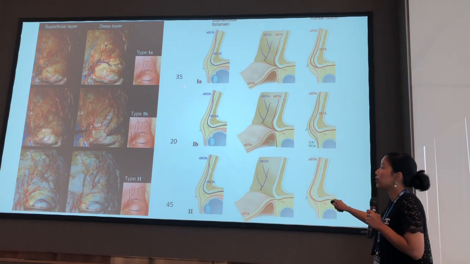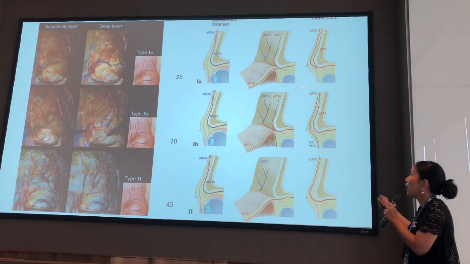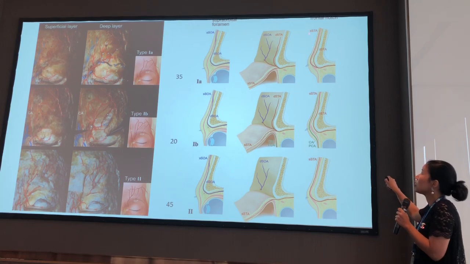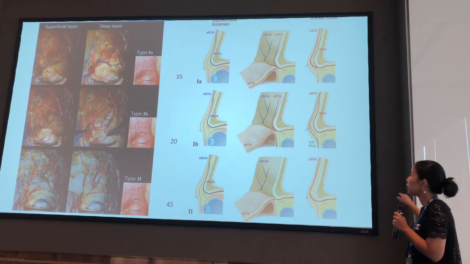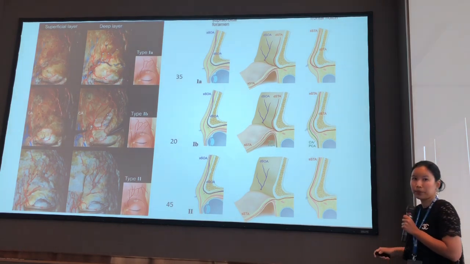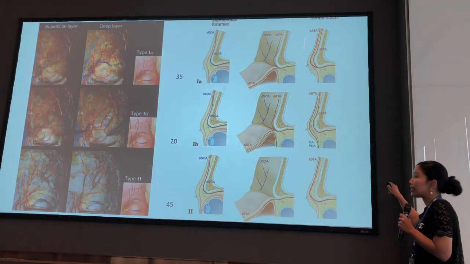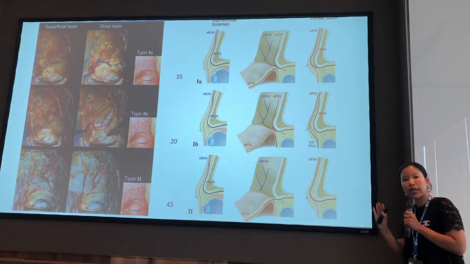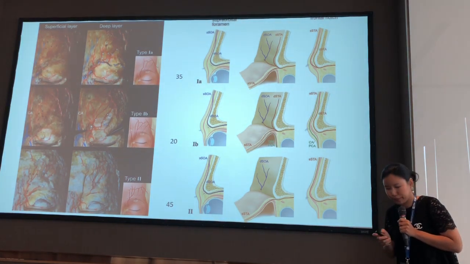They're divided into group 1A and 1B by the way of the superficial supratrochlear artery. When they go superficial, they go in a different way. For 1A, they go up and feed the superficial part of the forehead together with the superficial supraorbital artery.